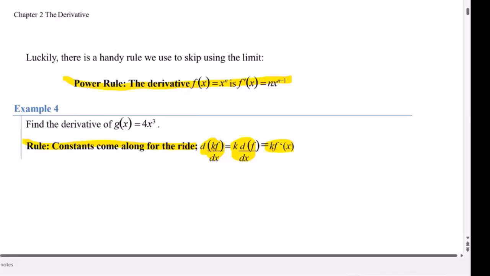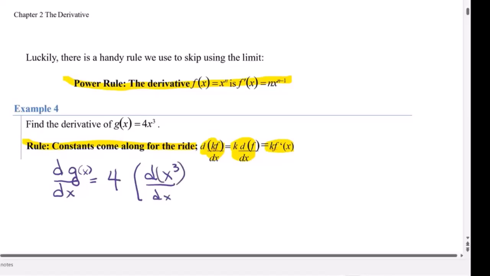So in practice, what that means is I have g of x equals 4x to the third. So I can say dg/dx, or dg of x, it doesn't matter, either's fine, is equal to 4 times the derivative of x to the third with respect to x.